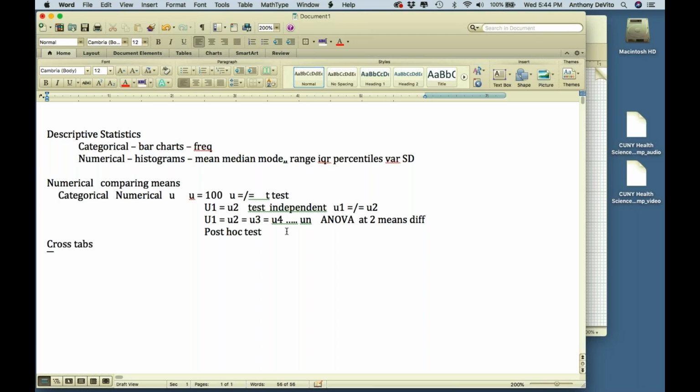or contingency tables, to evaluate whether there was an association between two categorical variables, for instance, diabetic or not diabetic, and let's say elderly or not elderly, right? Each one of those is a category.